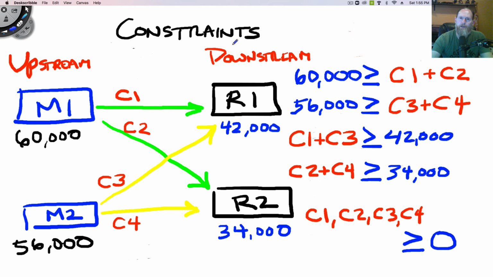Then we can identify the constraints, our supply constraints and our demand constraints. And then we make sure we apply non-negativity where it needs to be. And as a little technique, I like to work upstream to downstream. You see how all the alligators are facing upstream. We could face them all downstream if we wanted to. We just need to flip everything around. For me, we worked upstream to downstream, always.